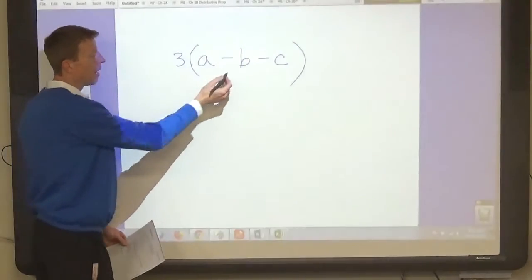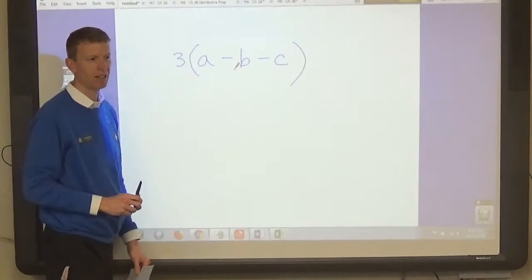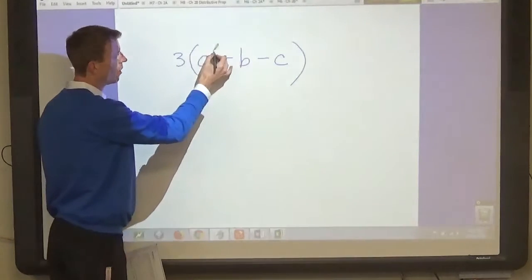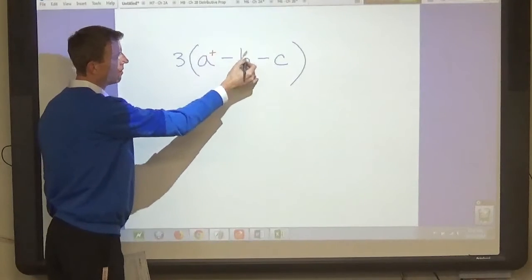So is this a positive B or negative B? What's the sign in front of the B? Negative B. Negative C. So what do we have to put in front of this? Plus.